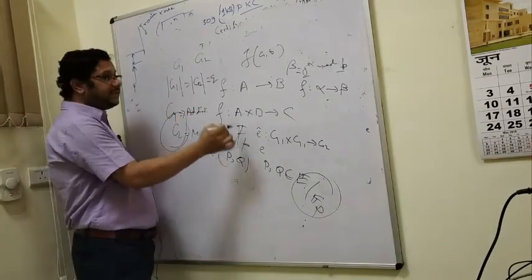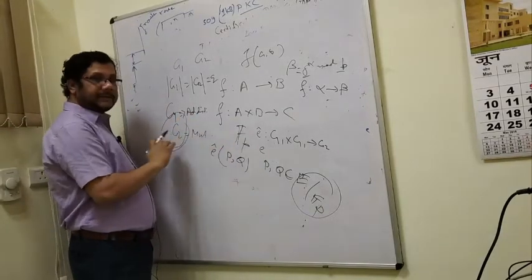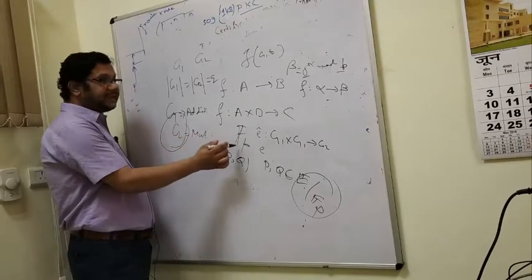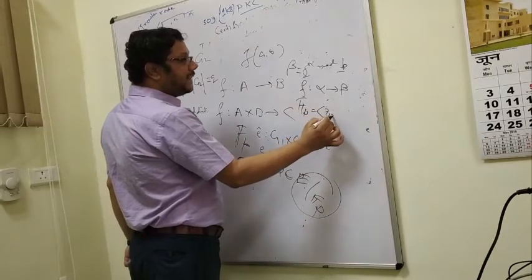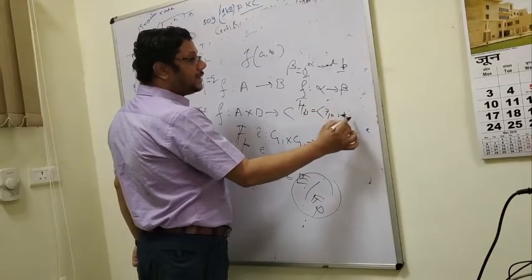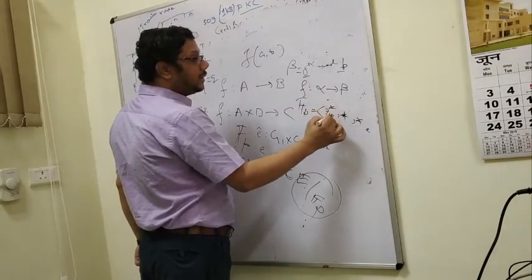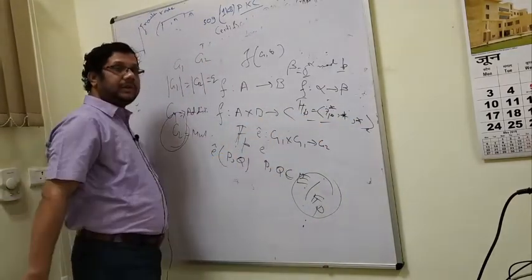Now what are the elements in G2? If we take the special case that this G2 is Fp, Fp meaning nothing but Zp star, with plus and multiplication. So what are the elements in this Fp?